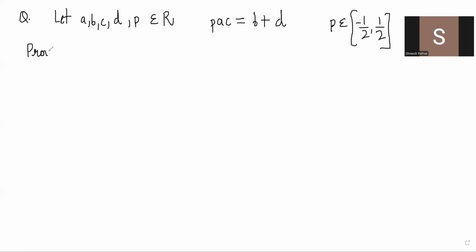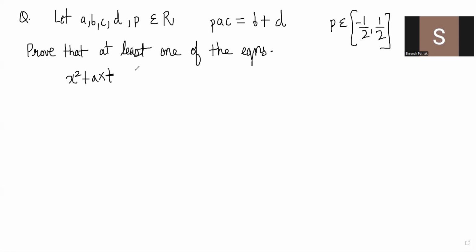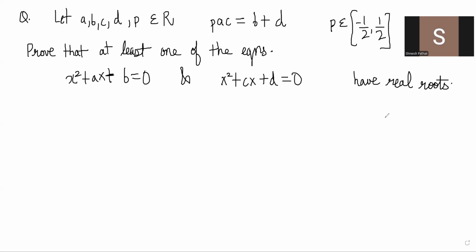Prove that at least one of the equations x squared plus a x plus b equals 0 and x squared plus c x plus d equals 0 has real roots.